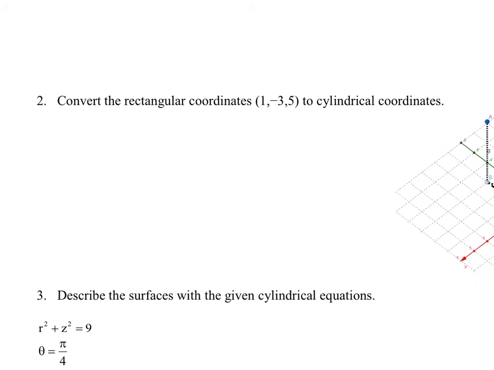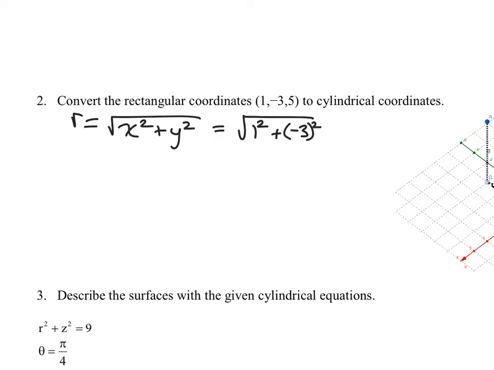If I want to get into polar form, I need an r and a theta. All right. r is equal to the square root of x squared plus y squared. So square root of 1 plus 9 is going to be the square root of 10.